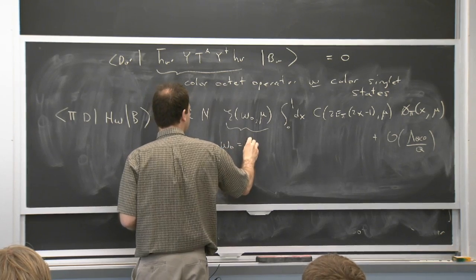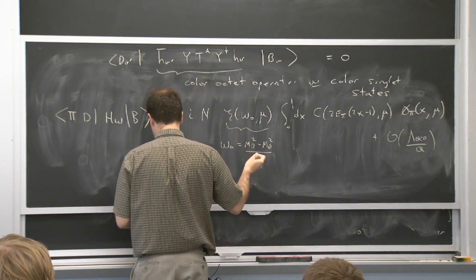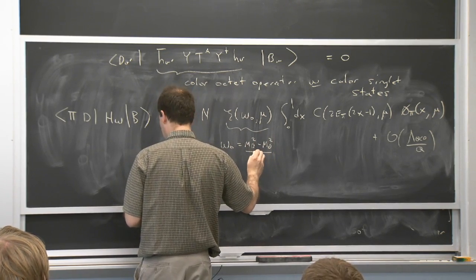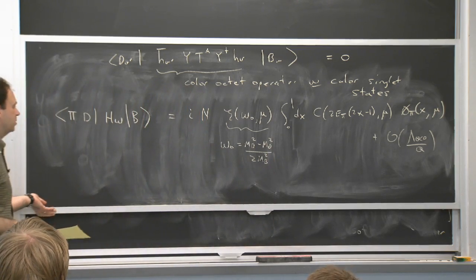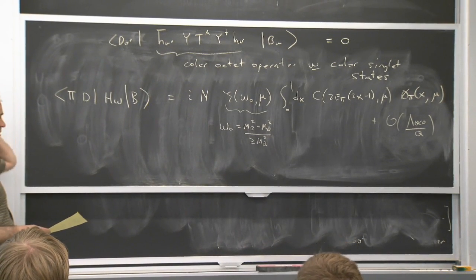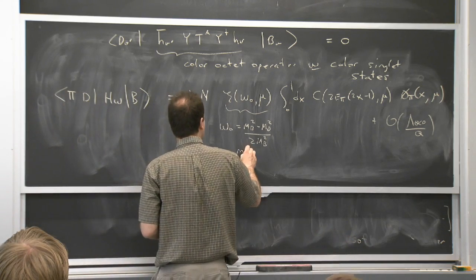And actually, I did write down what the W would be. You can write it in terms of the meson masses like that. So it's the Isgur-Wise function at max recoil.